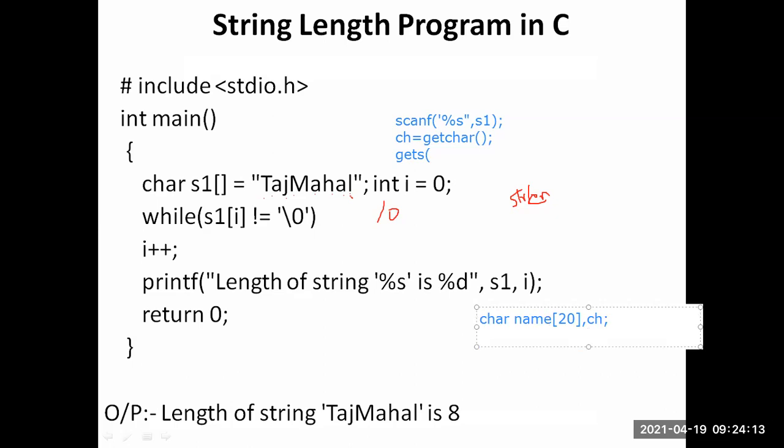Then I take int i equal to 0, because I am using a for loop for getchar. Here we check the condition: while the character ch is not equal to \n.